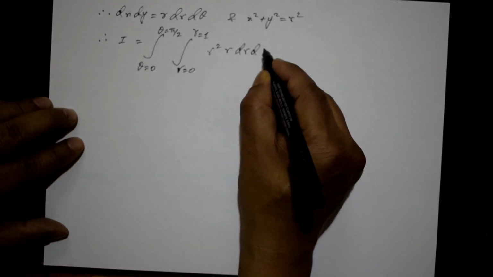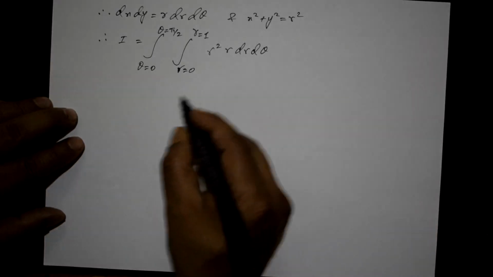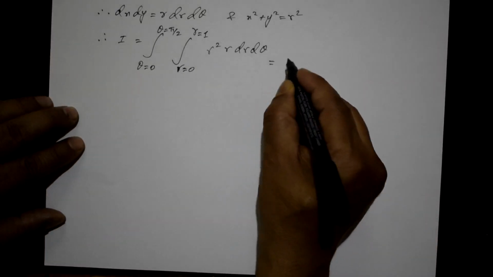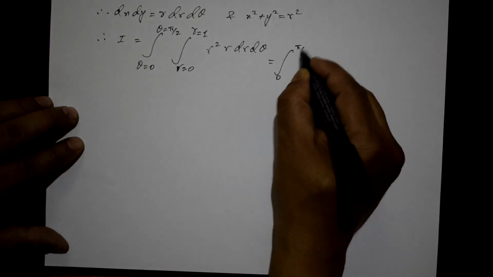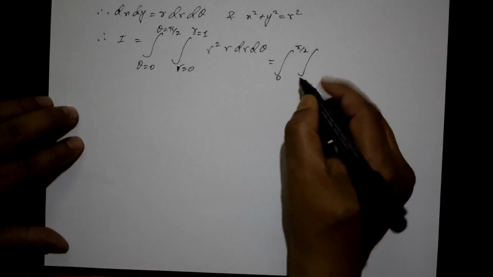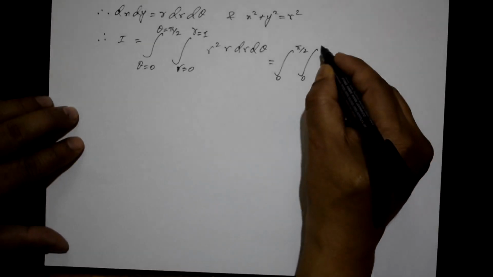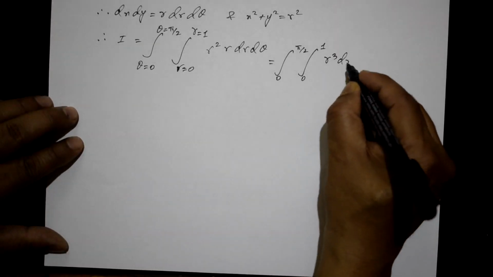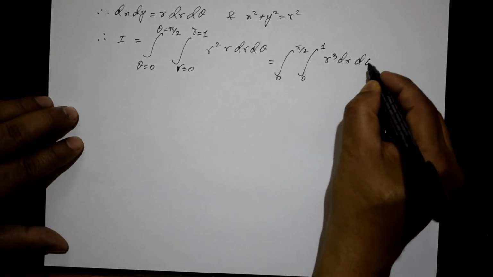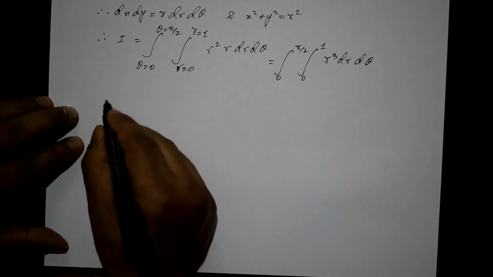Then the integral becomes r square into r dr d theta, which is equal to the integral from 0 to pi by 2 and 0 to 1 of r cube dr d theta.